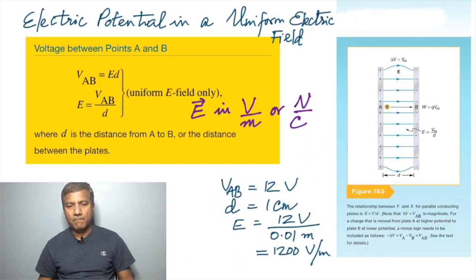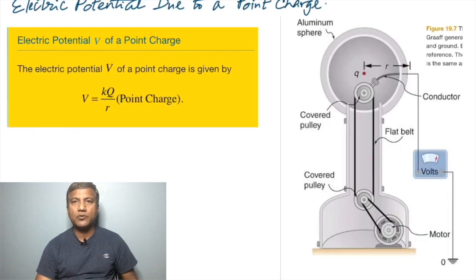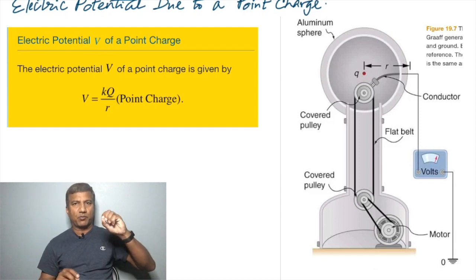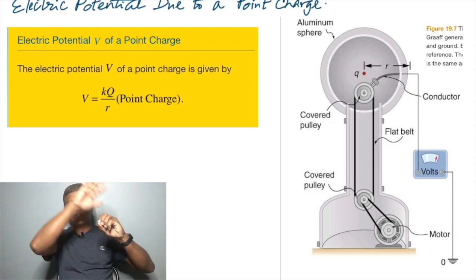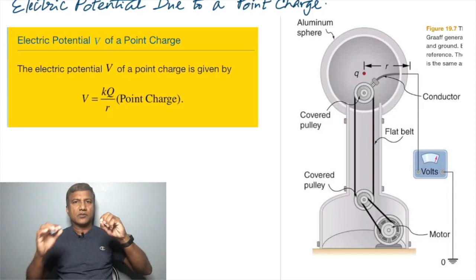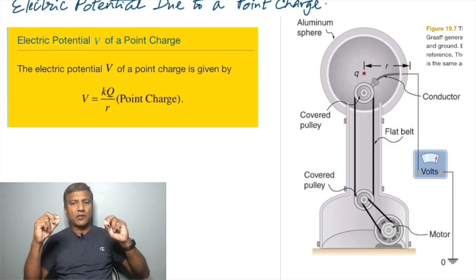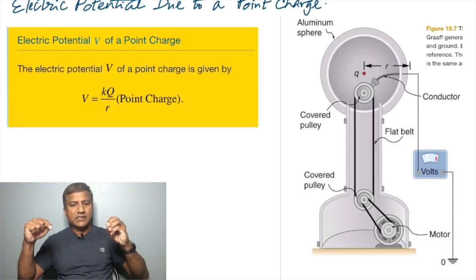And now we have a particular case of electric potential due to a point charge, which means if you have a charge at a certain point and you want to find the electric potential somewhere in the electric field, so let's say at this point, and let the distance between the charge and that point be r, let the magnitude of the charge be q, then the electric potential at this point is simply kq by r.